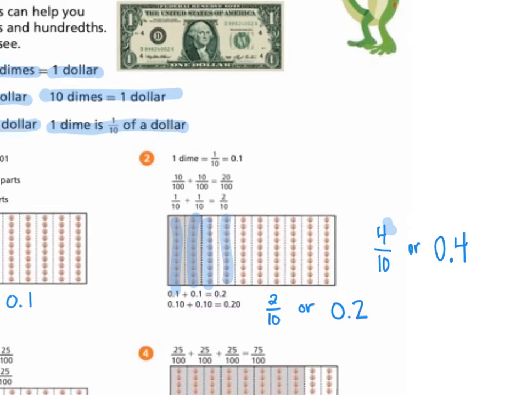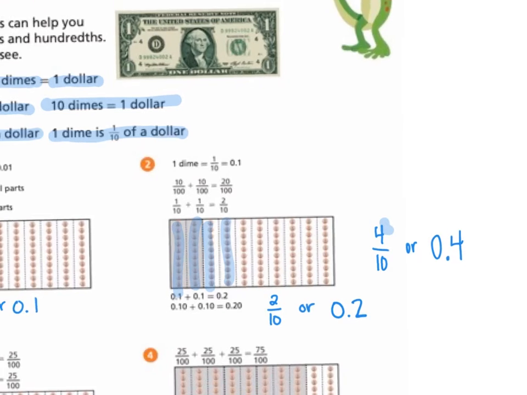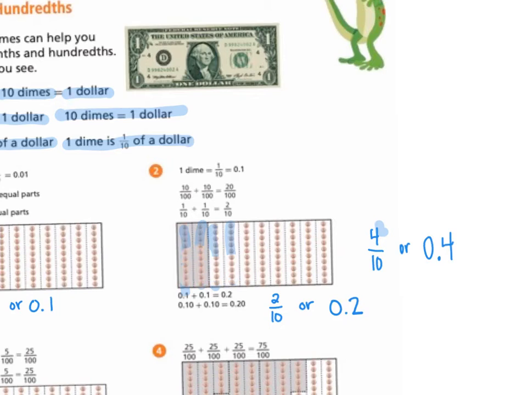Mason, I want you to try this next one for me. If I shaded in 6 of these, so 1, 2, 3, 4, 5, 6. Mason, can you give me the fraction and the decimal of that?